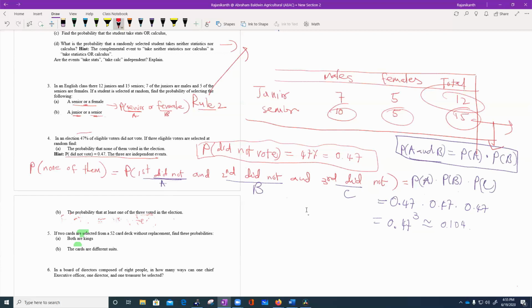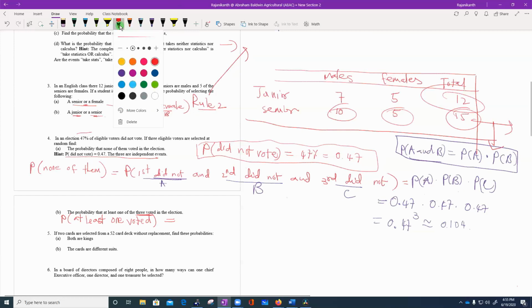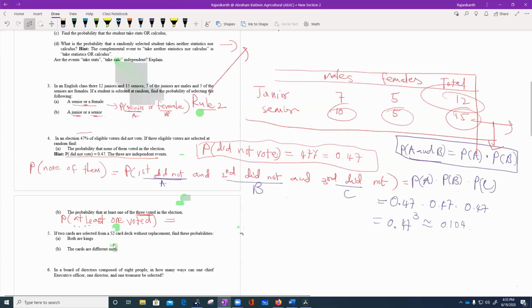Now I already told you, if you see "at least" in your problem, it is always easy to use the complement event. If you think of this as event E, the complement formula says that P of E is always going to be equal to 1 minus P of E bar.